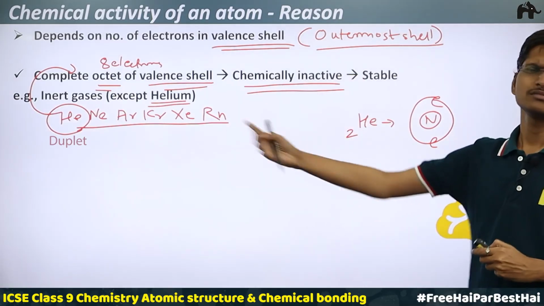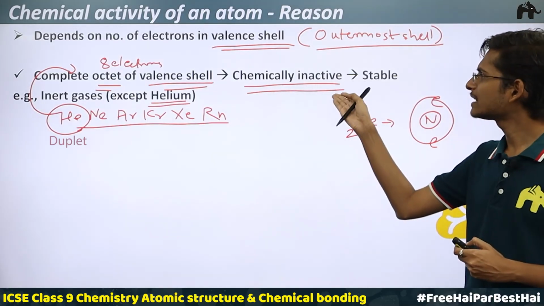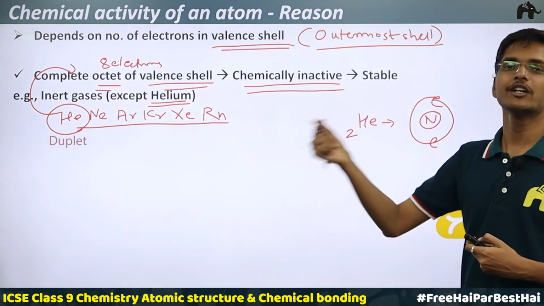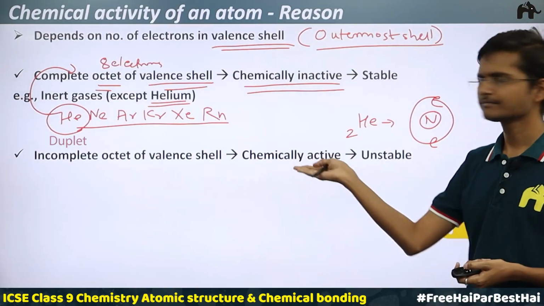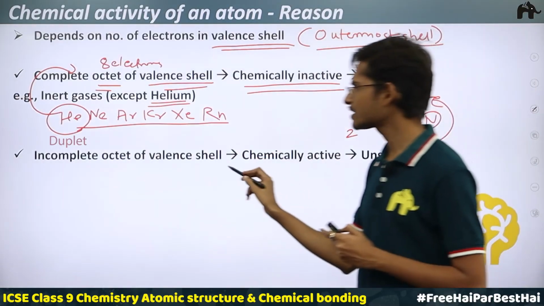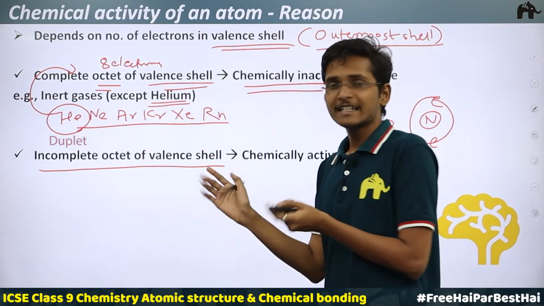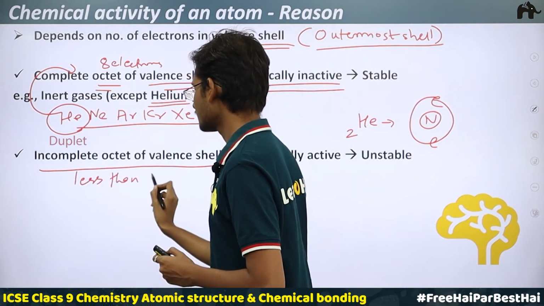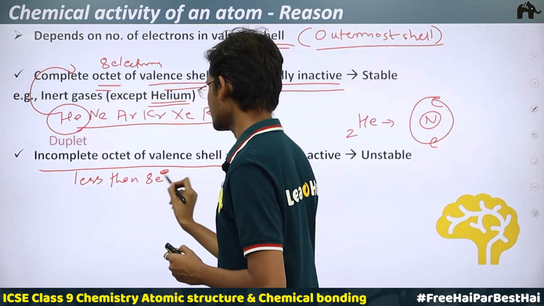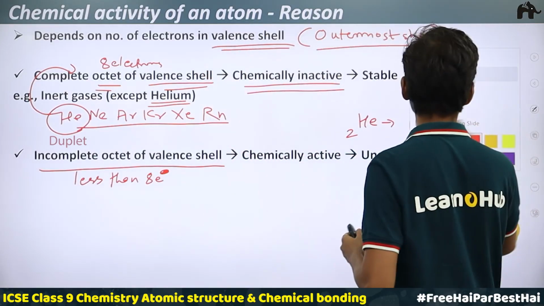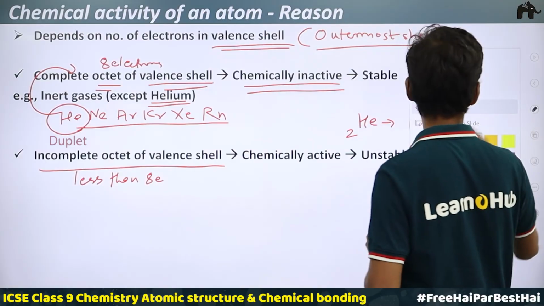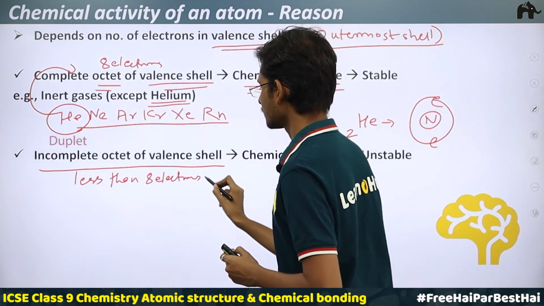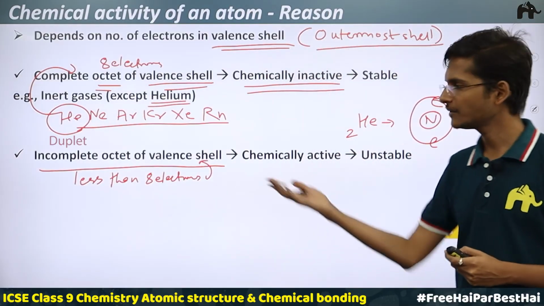Clear? Now the thing would be reversed for chemical activity of the atom, or chemically active atoms. They will not have a complete octet of valence shell. So I can write incomplete octet of valence shell, which means less than 8 electrons in the outermost shell, or valence shell.